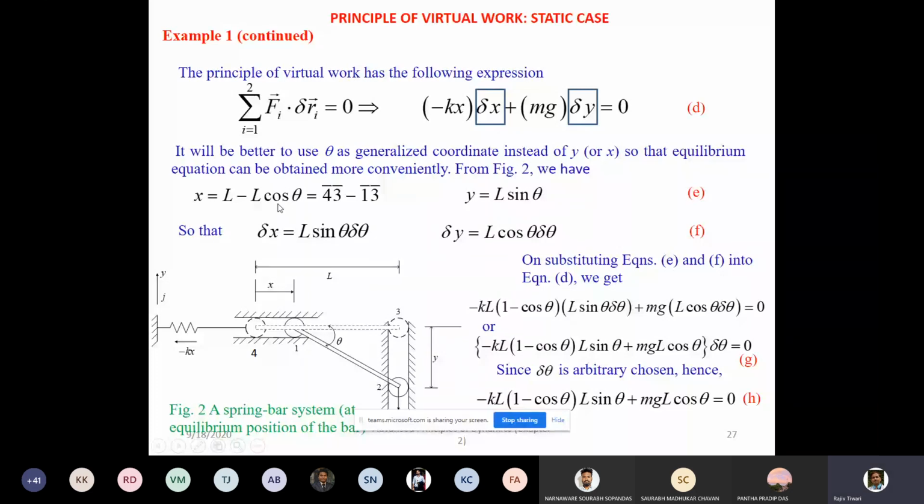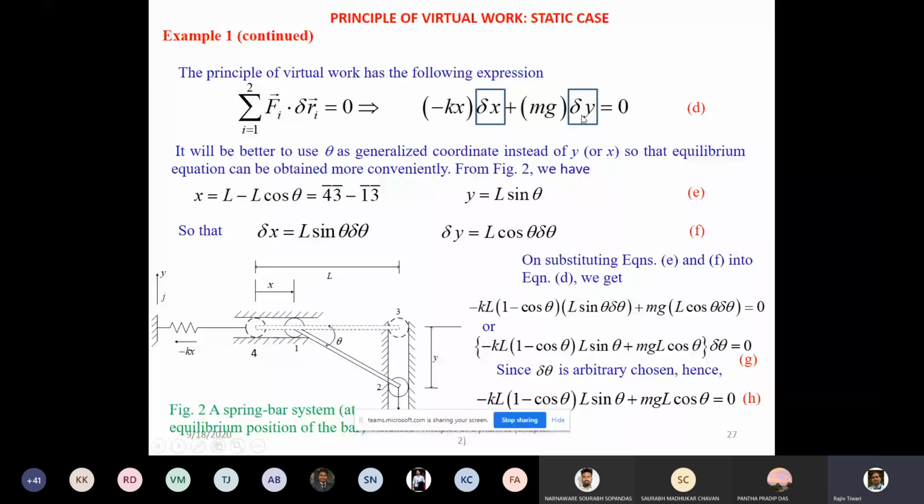As I'm again repeating, the variation operator delta is the same as the differential operator, only thing is we need to use the delta theta. Similarly here, if we take variation of y, this will become L cos theta, delta theta. So delta x, delta y, which we obtain, we can substitute in this equation.